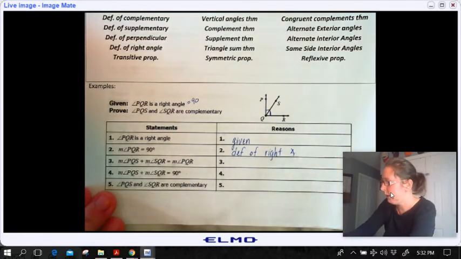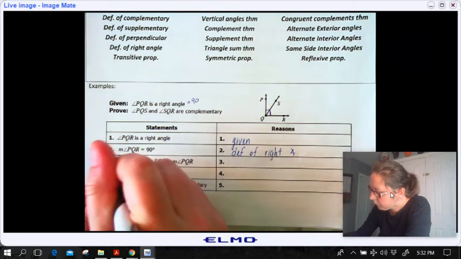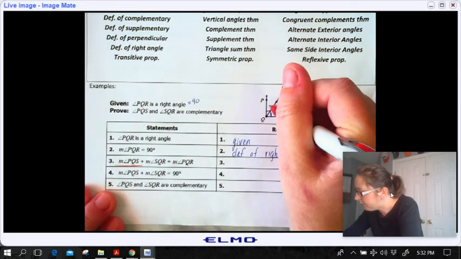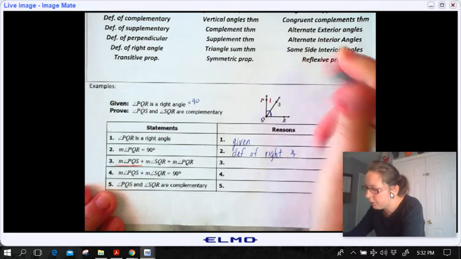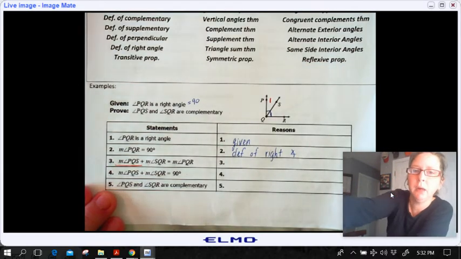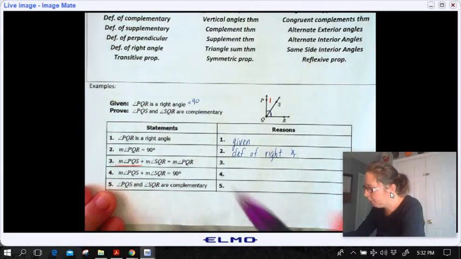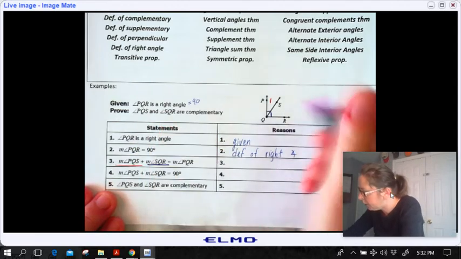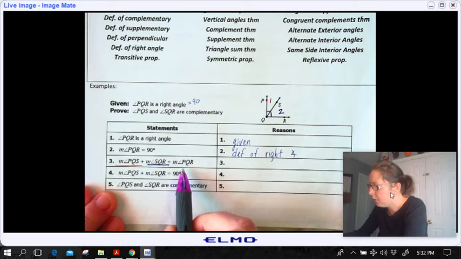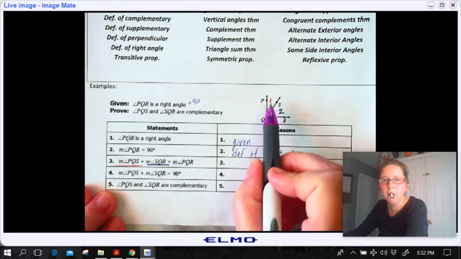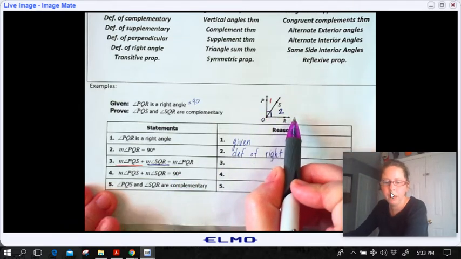So what does that mean? PQS, this is this angle right here, my red angle, and my, let's use purple, SQR, that's this angle. They are going to equal, if you add them together, the larger angle.